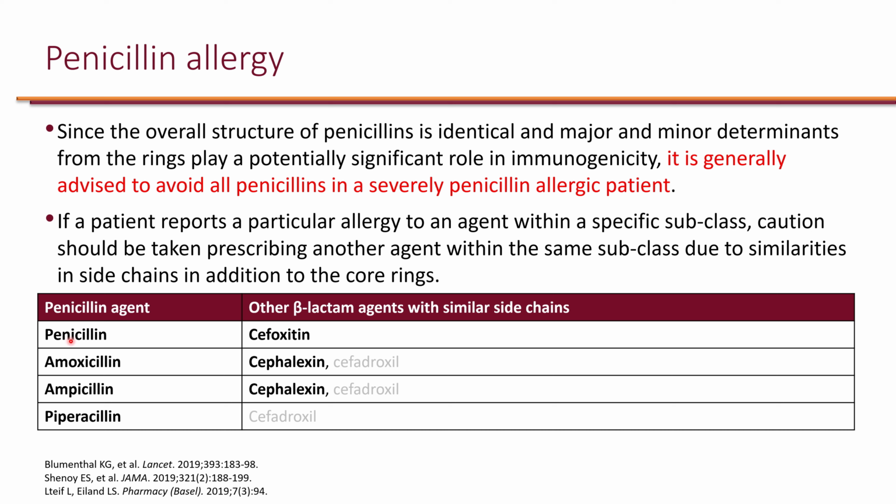So penicillin, for example, itself has a side chain that's similar to cefoxitin. So let's say if someone had a non-severe reaction to penicillin, like a rash, they're more likely to also have a similar reaction to cefoxitin. For amoxicillin and ampicillin, their side chain is similar to cephalexin. So if someone had a non-severe reaction to one of these, they're more likely to have a similar reaction to cephalexin.